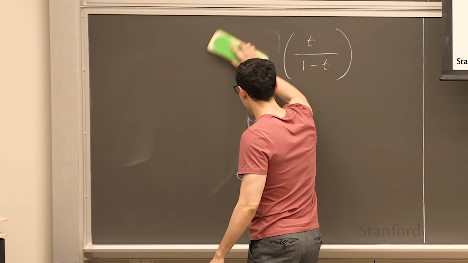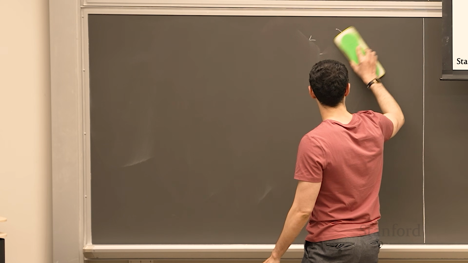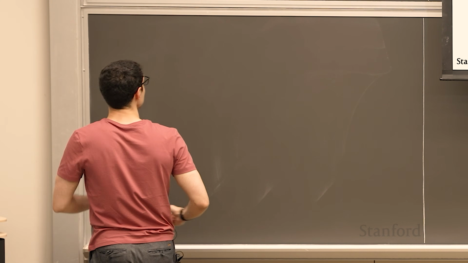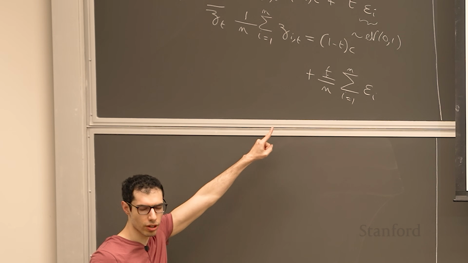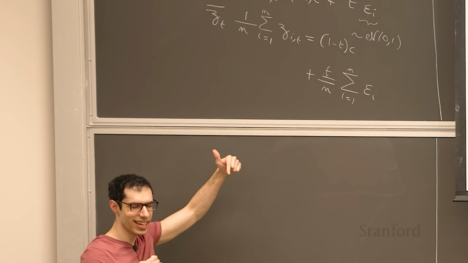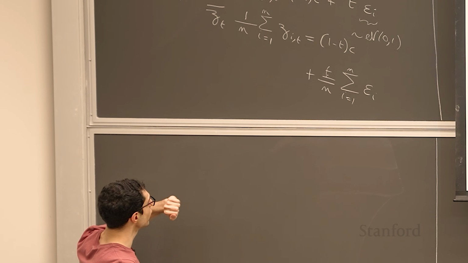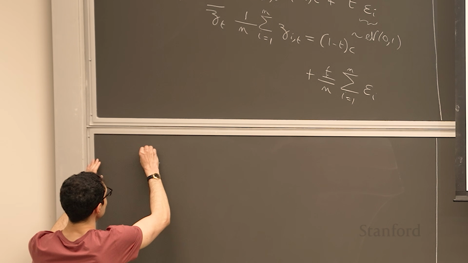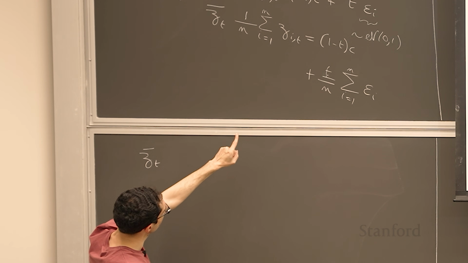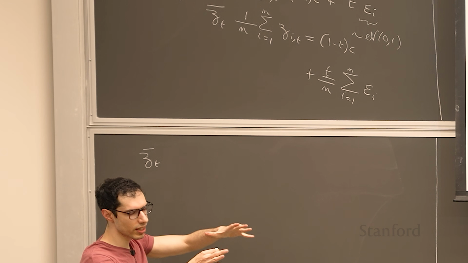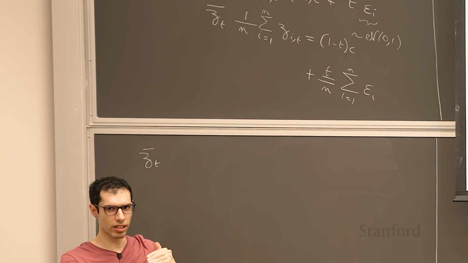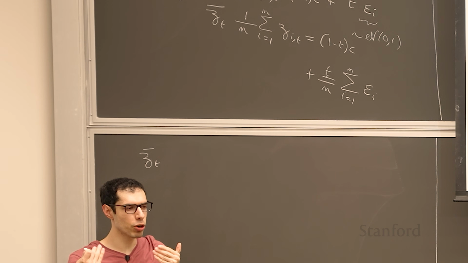I just want to remind you of our objective. Our objective is to quantify the uncertainty in estimating c. So I want us to first see that z_t bar is equal to a constant plus a sum of independent Gaussian variables.